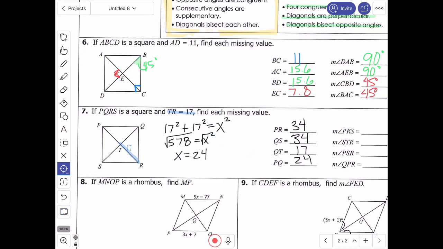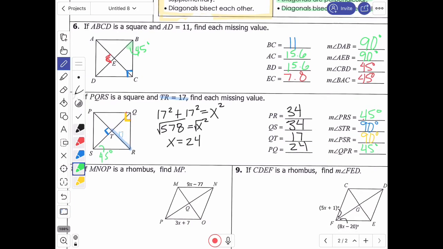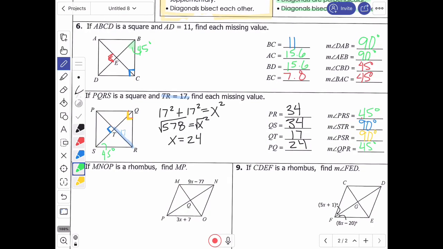Okay, now I'm going to do the angles, so pause. Okay, so for this one, again, the only answers I got were 45 and 90. Angle PRS, sorry, is one of those angles that's being bisected by the diagonal, so that makes it 45 degrees.